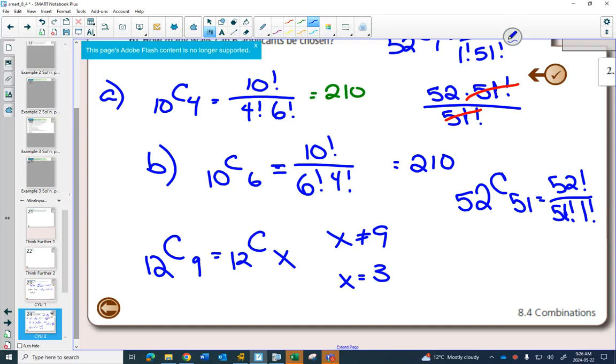You'd be like, Mahad, it's the same group. Just because you chose them in a different order doesn't make your group different. So when we have choosing groups of 3, the order doesn't matter, so then it will become a combinations question. Okay. Example number 2, you can circle questions 8 and 10.